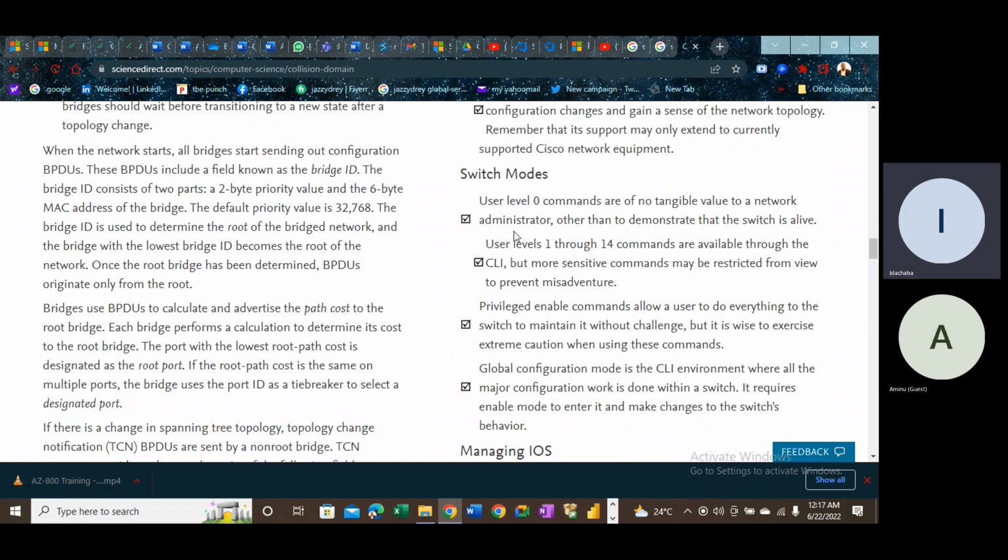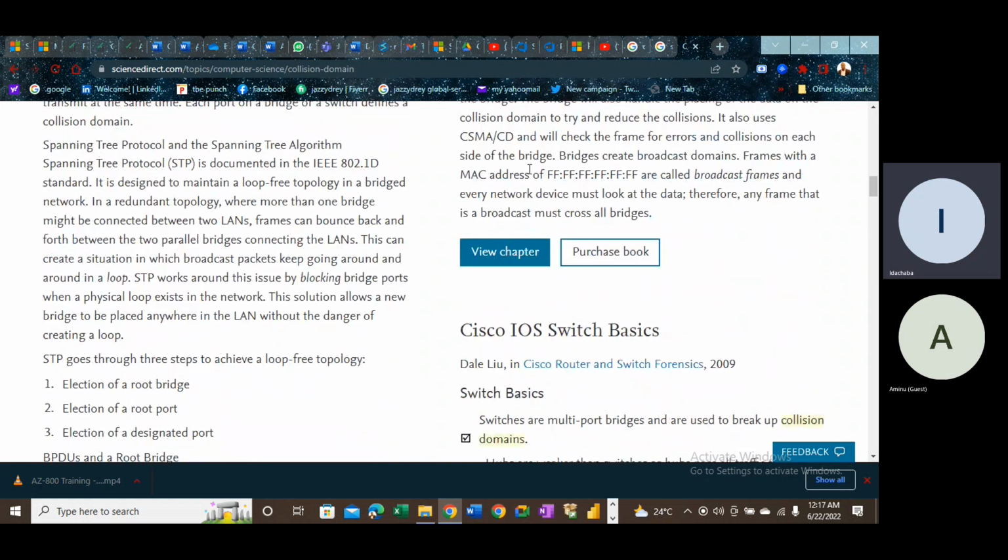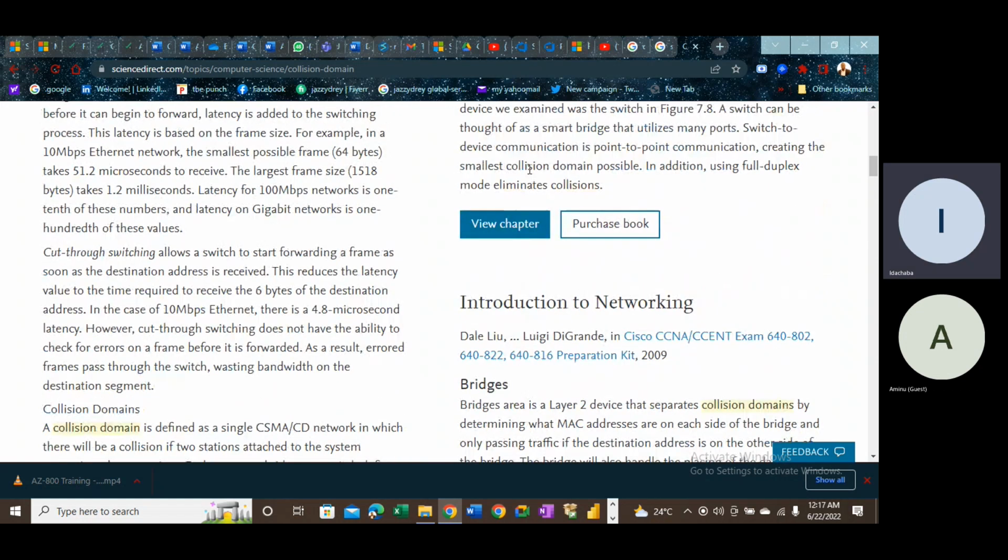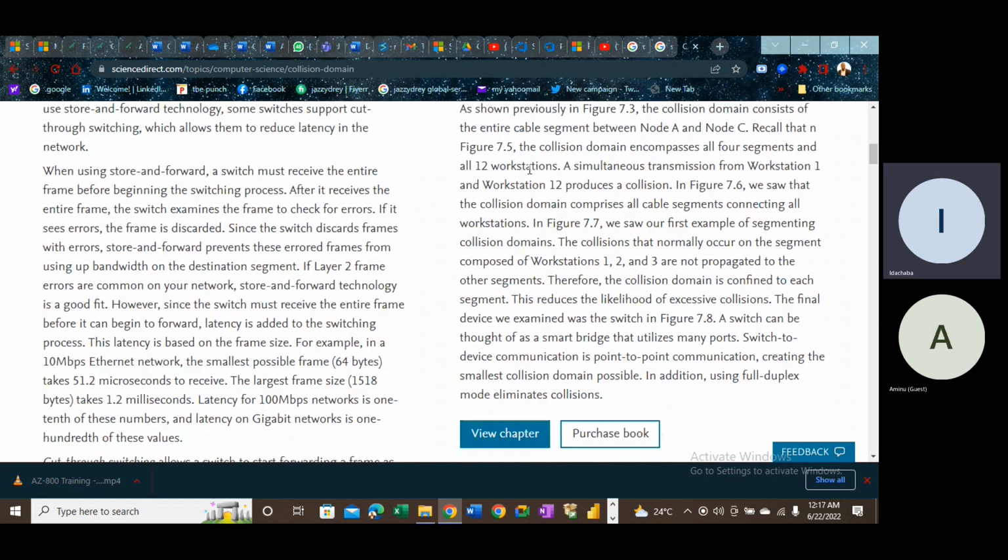And then different kinds of switch modes. All of these help the networking environment so that traffic can be communicated better.